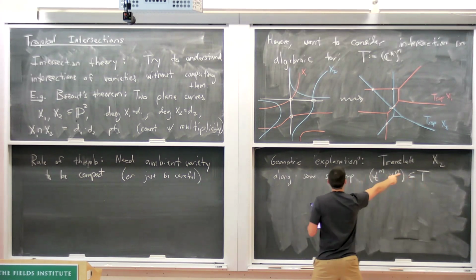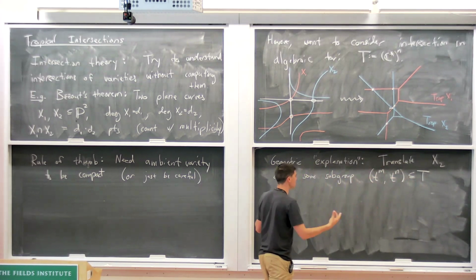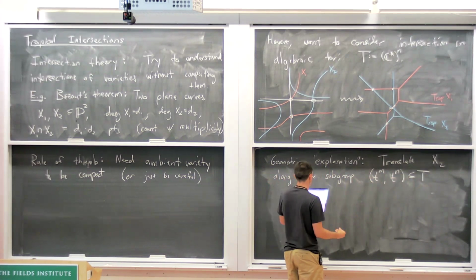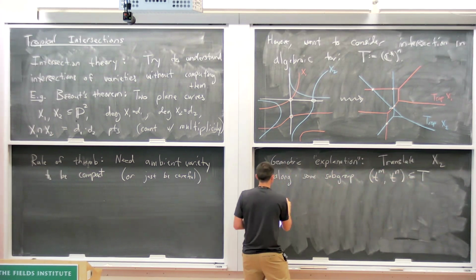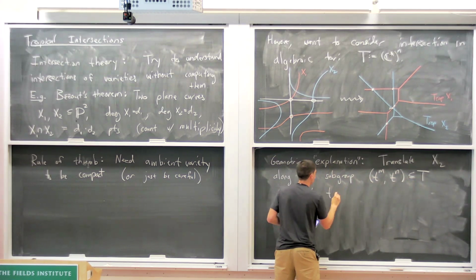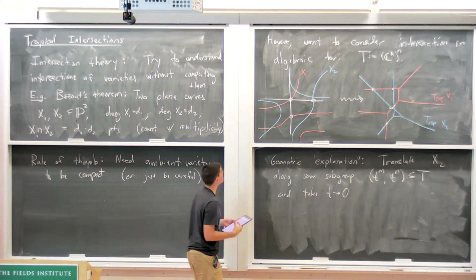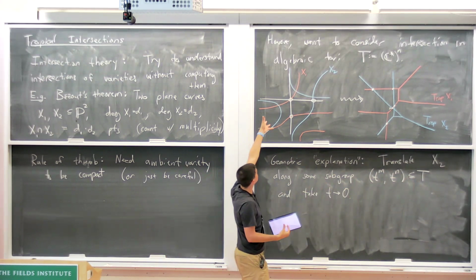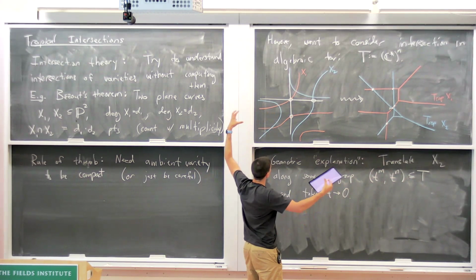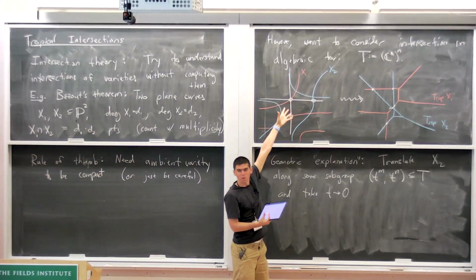And I maybe have to choose my m and n correctly and maybe large. And if I do this, and I take t to 0 in the limit, then what am I going to be doing? I'm going to be taking x2 and shrinking it down to the origin almost.